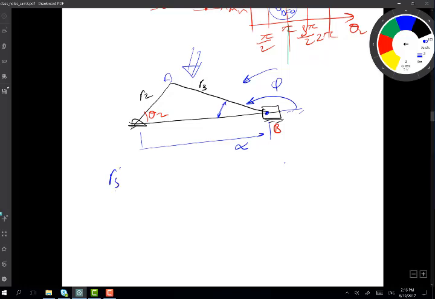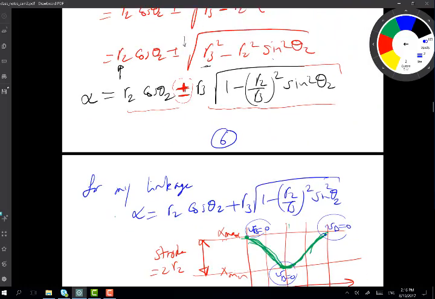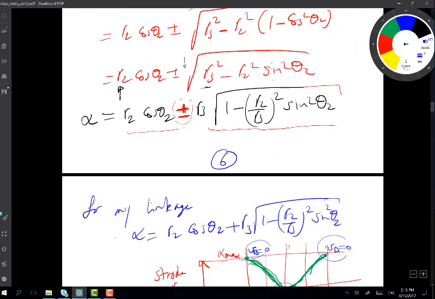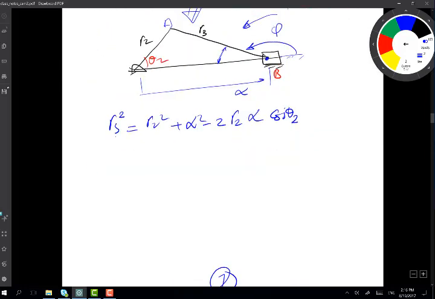I had R3 squared equal to r2 squared plus x squared minus 2 r2 x cosine theta 2. I used this equation to find my x. I created a quadratic out of this equation to find an expression for x, and this was very useful, because it gave me a plus or minus, and it hinted that there was another possibility to assemble the same linkage.